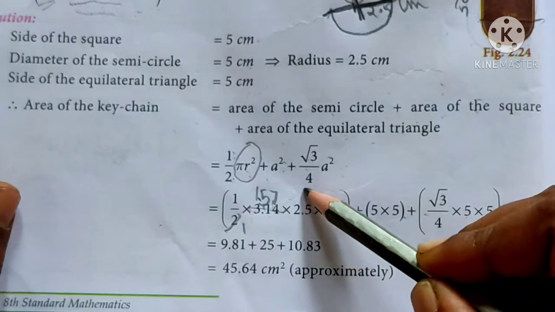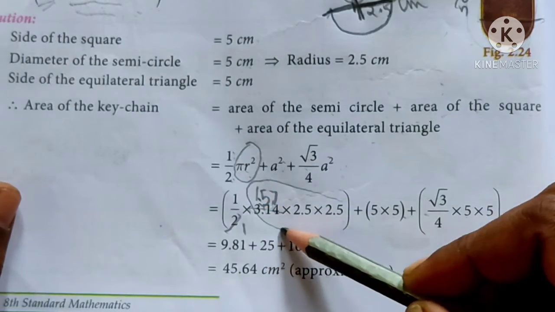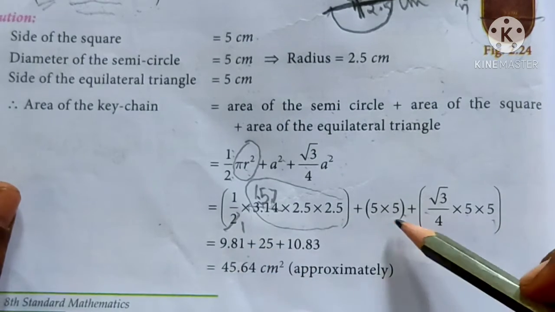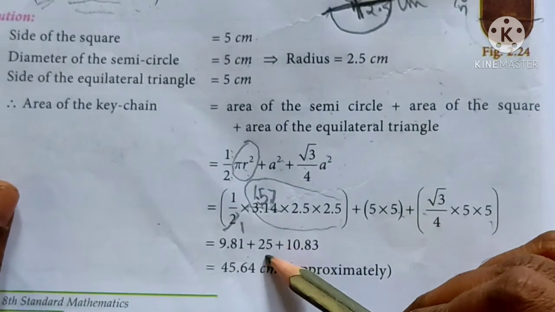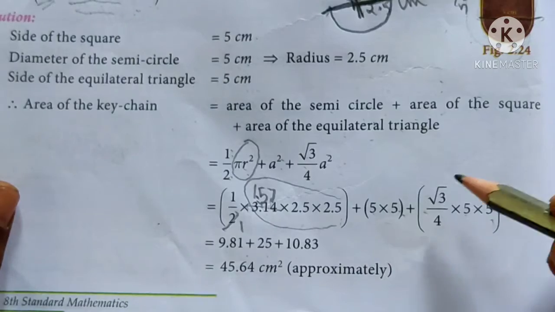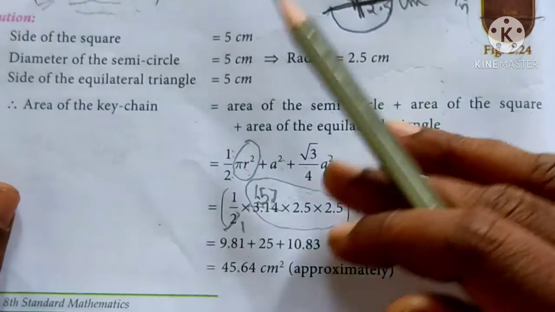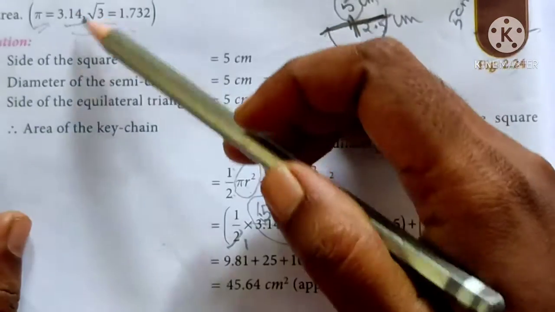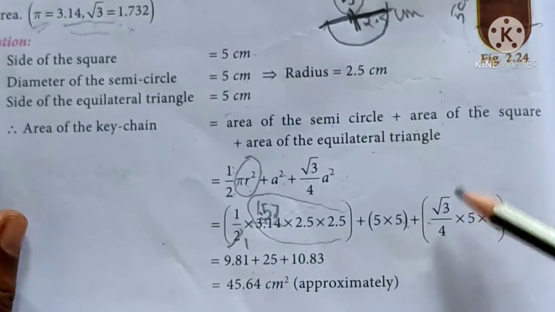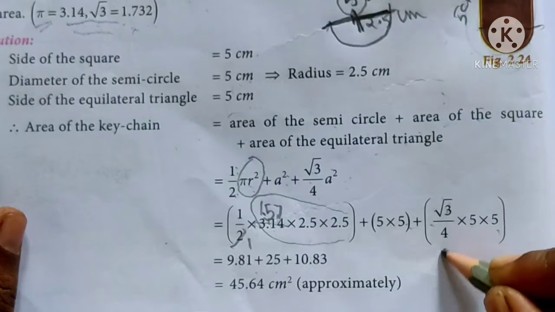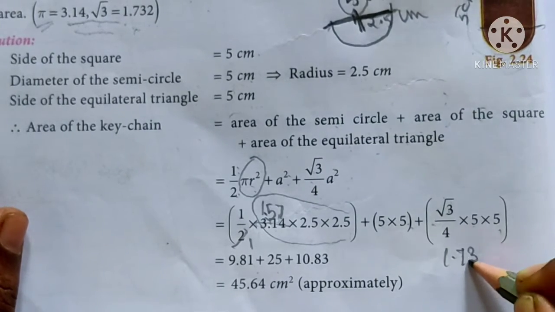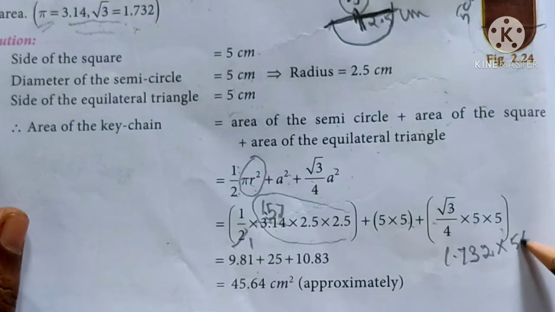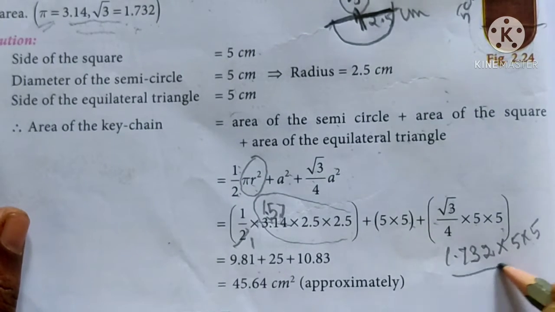So we find the product of these three numbers, and we get 9.81. Here 5 into 5 is 25, plus root 3, whose value is given in the question as 1.732. So this root 3 is 1.732 into 5 into 5/4.